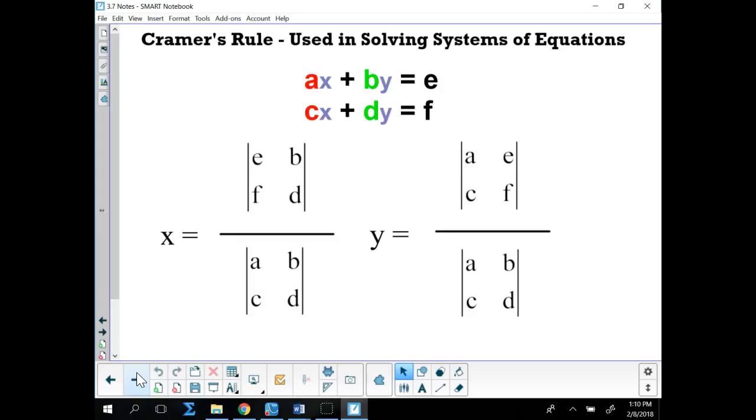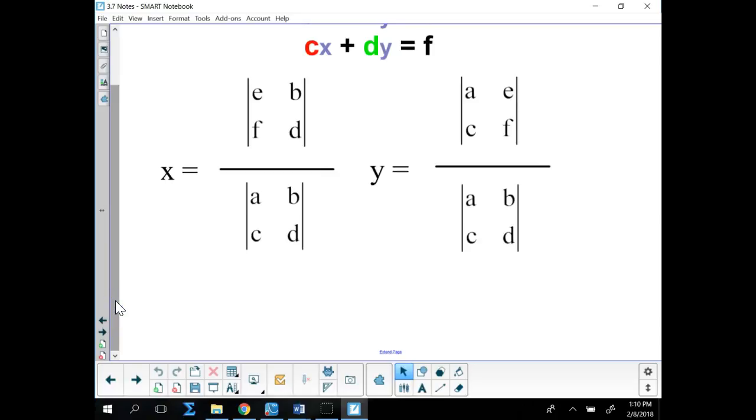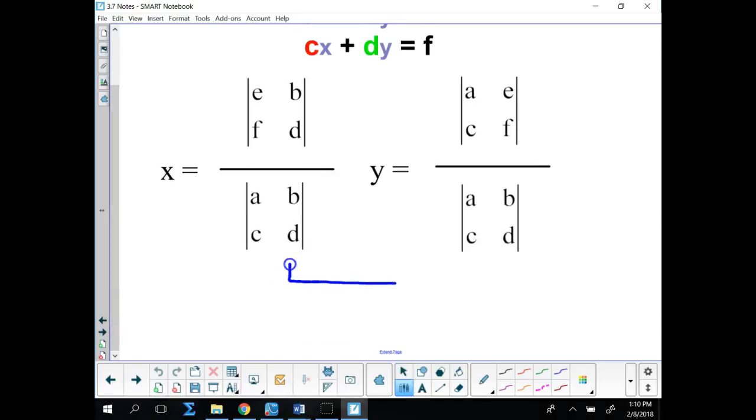Cramer's rule. Now, again, just like I told you yesterday, don't memorize all the parts. Memorize the pattern. The pattern, again, is that the denominators are the x and y coefficients. Those are the x and y coefficients in that order.